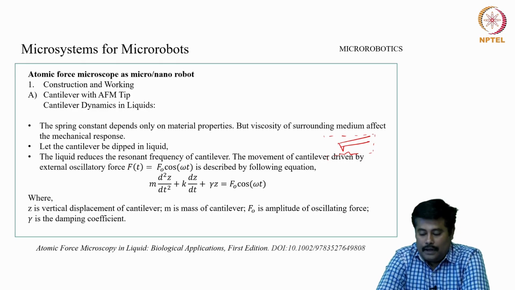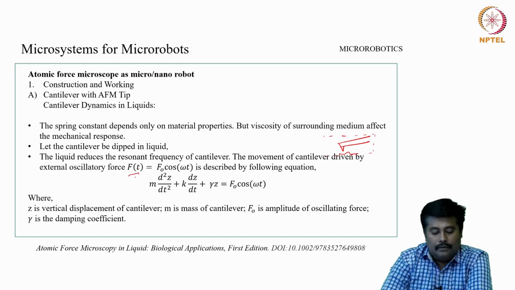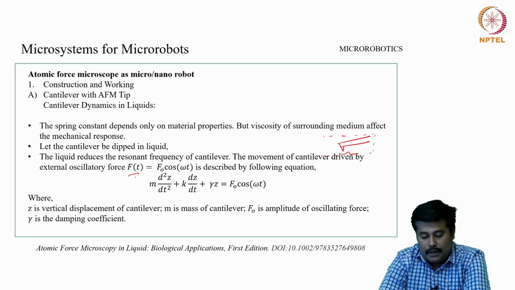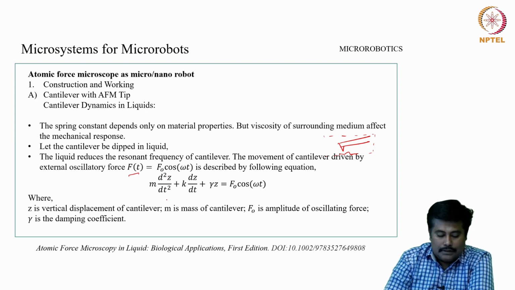The movement of the cantilever is driven by an externally oscillatory force F(t) equals F naught cos omega t, which is derived by the equation m d squared z by dt squared plus k dz by dt plus gamma z equals F naught cos omega t.